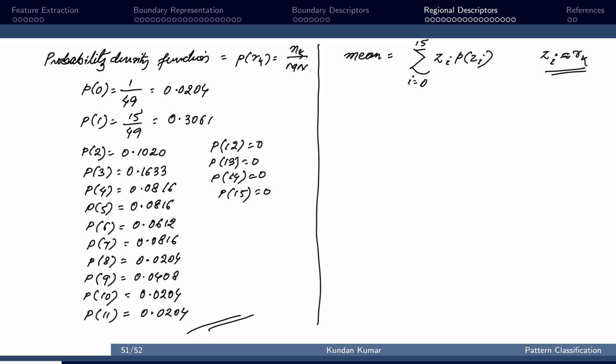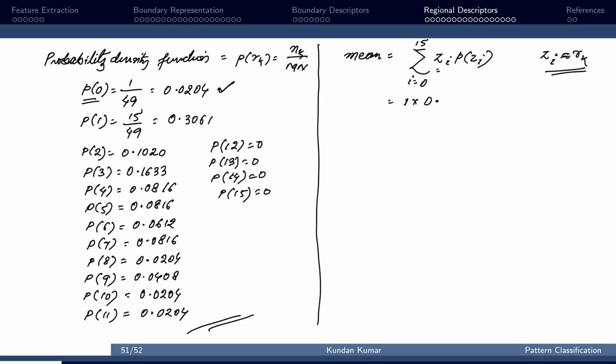Here z_i is the intensity value, and we have to count how many times it occurs. So we have 1 into the probability of occurrence of intensity value 0, since its frequency of occurrence is 1.